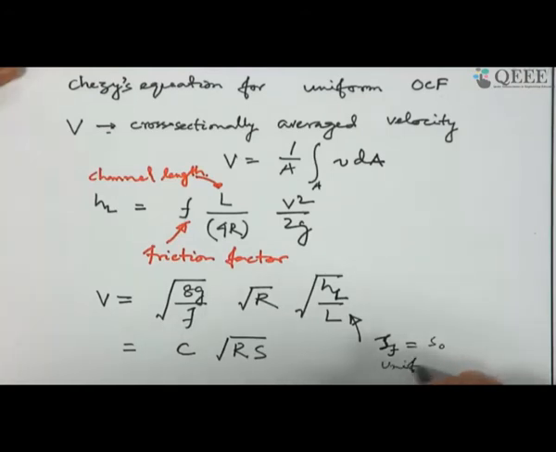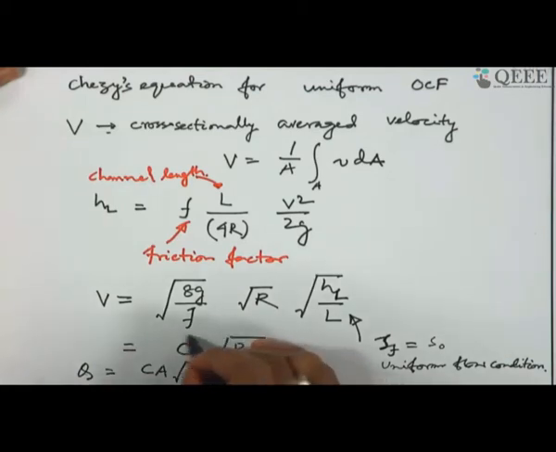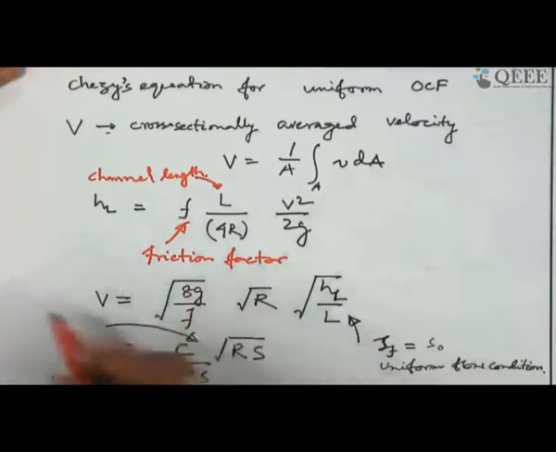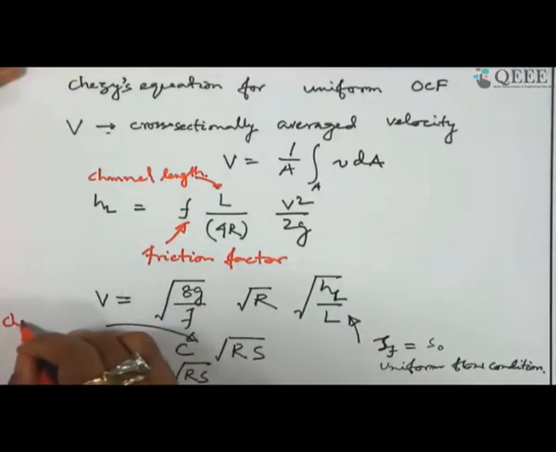This is the uniform flow condition, and for calculation of discharge we can just multiply A with this one and we can get it. This C is known as Chezy's coefficient.